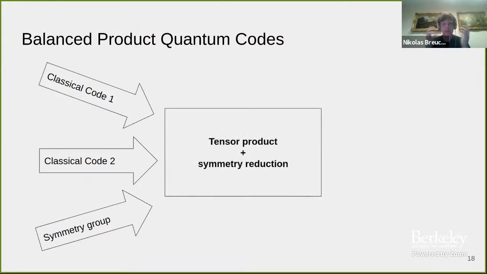The abstract idea here is we can take just the normal tensor product of the classical codes and then perform a symmetry reduction. In fact, this idea is already present in this more algebraic language in the lifted products. The outcome is a quantum code, but with a reduced number of physical qubits. So the symmetry reduction reduces the number of physical qubits, however it leaves the other properties more or less invariant.